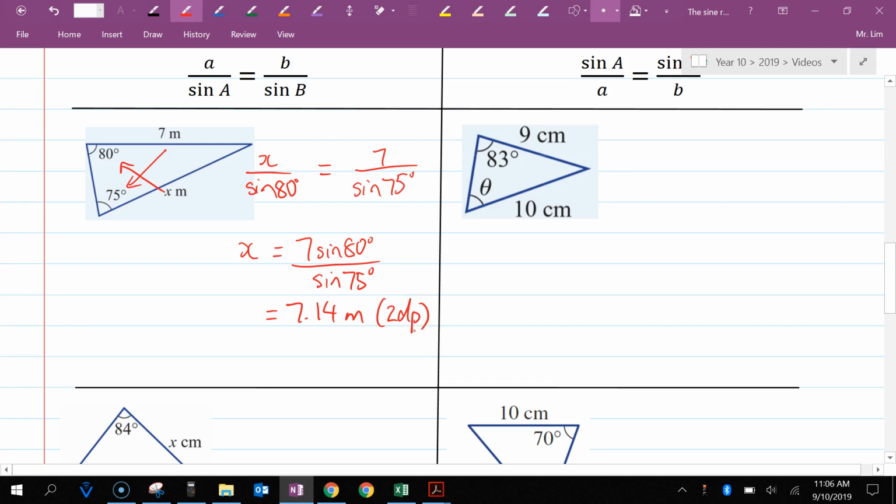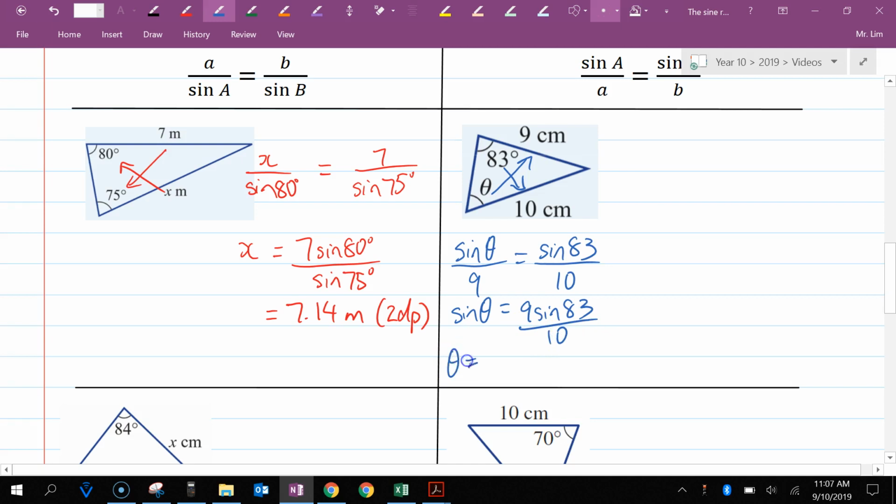Alright, what about finding an unknown angle? So here we've got they match each other and these two match each other. So we have sine theta over 9 is equal to sine of the angle 83 over 10. Therefore, sine of theta has to equal 9 sine 83 over 10.